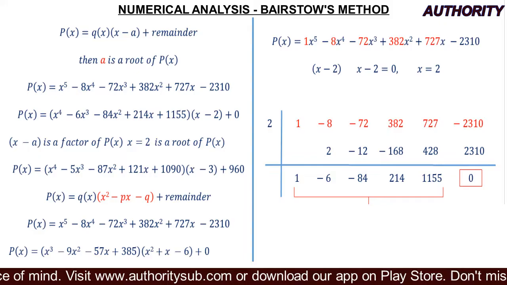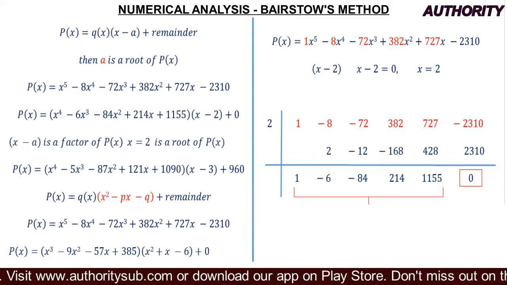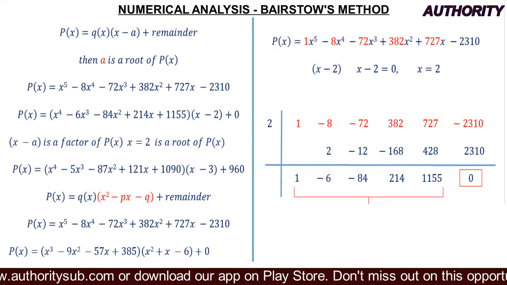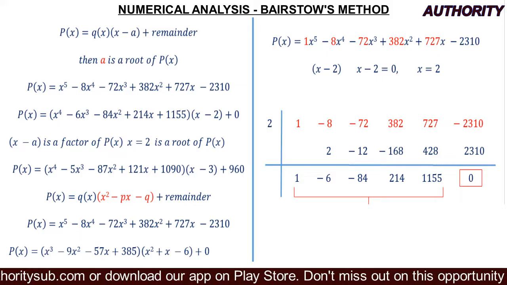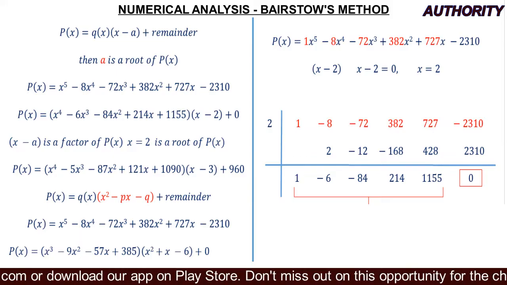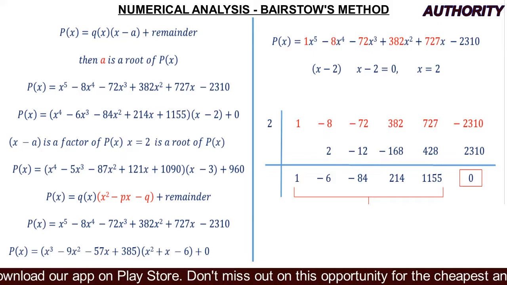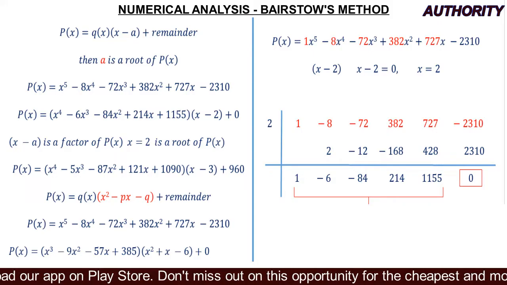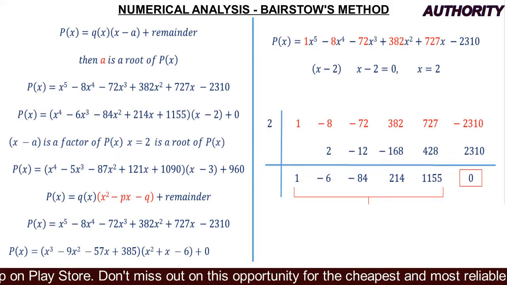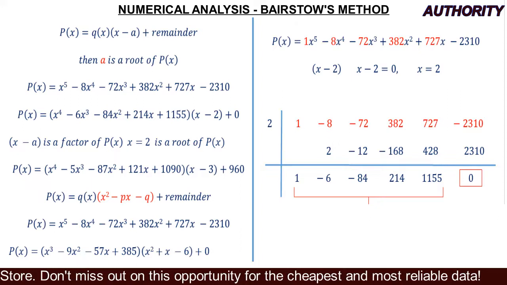Then we bring down 1. This 1 multiplied by 2 is going to give us 2. We write it under here. Then we add. Minus 8 plus 2 is going to give us minus 6. So the minus 6 we have multiplied by 2 is going to give you what? Minus 12. Now add minus 72 plus minus 12, that is going to give you minus 84. Now this minus 84 multiplied by 2 is going to give you minus 168.